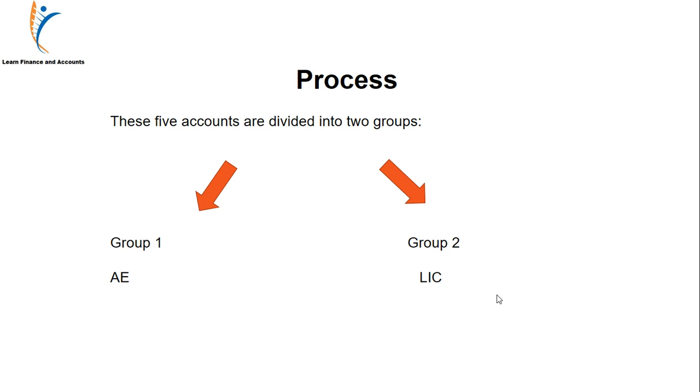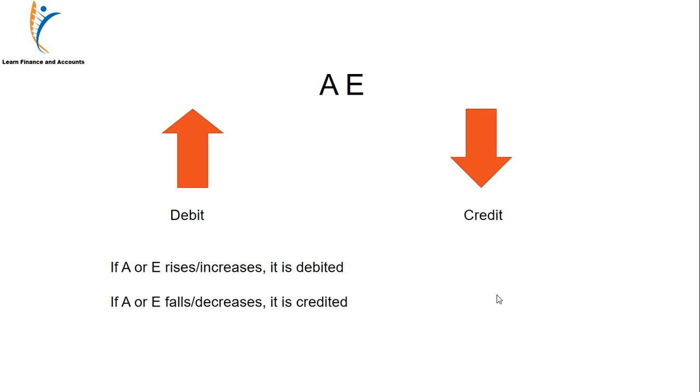Now we are going to give accounting treatment. In case of A or E, in case of expenses and assets, when they increase, the account will be debited. When A or E rises or increases, the account is debited. When A or E falls or decreases, the account is credited.